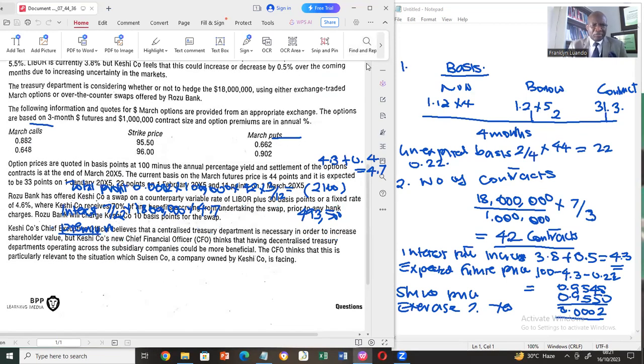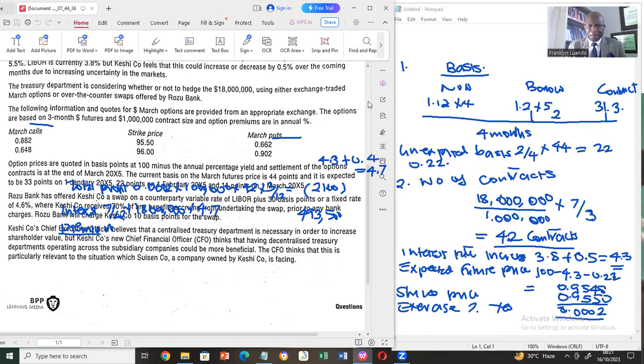The premium under put, the strike price is March put, that is 0.662. That is in percentage interest, so to change to decimal, divide by 100.